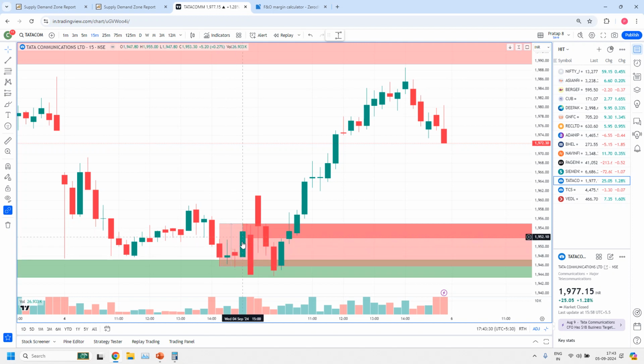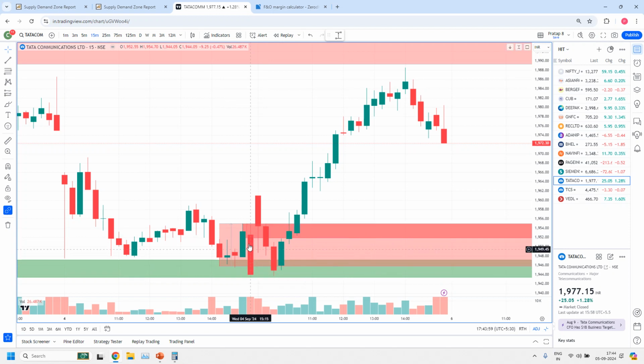This medium size leg candle is also part of the base, and then a drop candle. This 15-minute zone is also identified by our software, because I have drawn according to the zone identified by the software. Drop, 4 base candles, with the medium size leg candle also part of the base. So we are considering 4 base candles part of the zone, and then a drop candle.